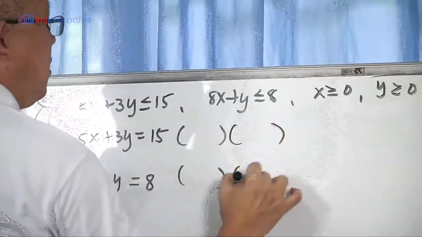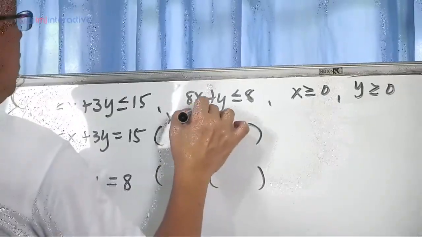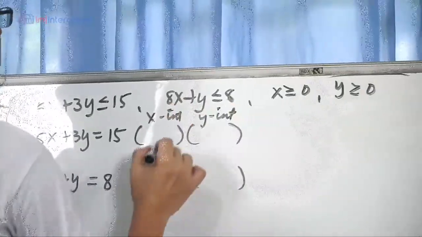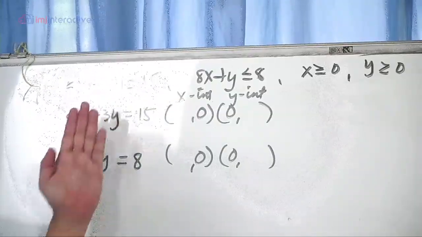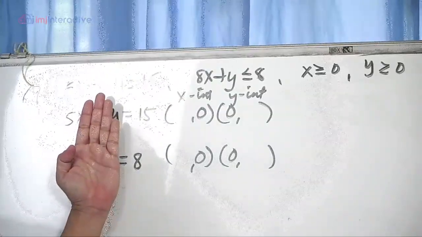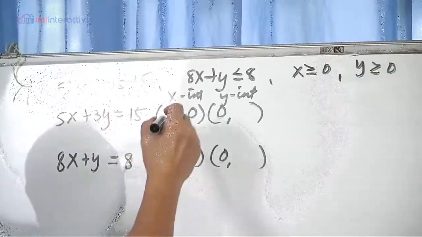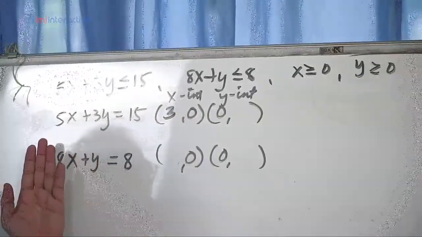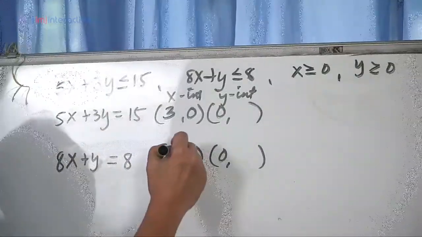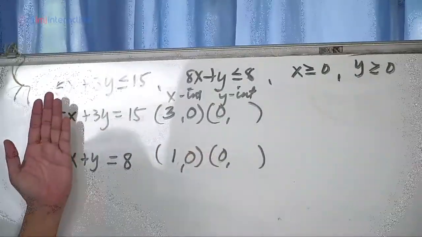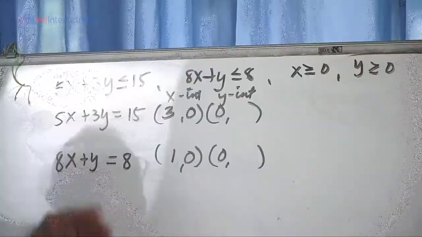So get the x and the y-intercept. For the x-intercept, y is 0. 5x is 15. So x equals 3. For the second equation, y is 0. So 8x equals 8. So x equals 1. Now x is 0. 3y equals 15. y equals 5.